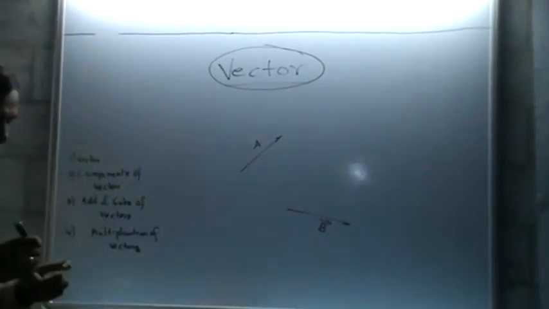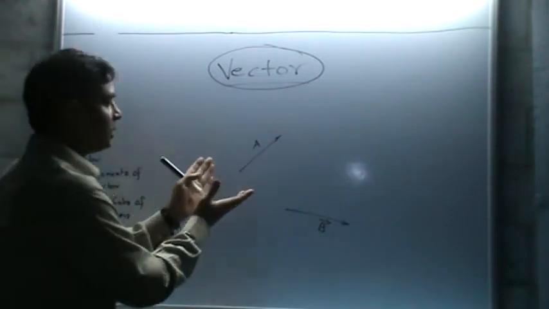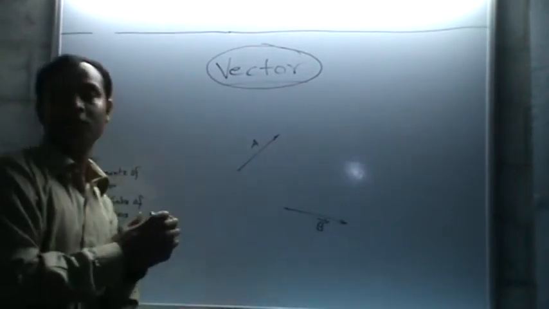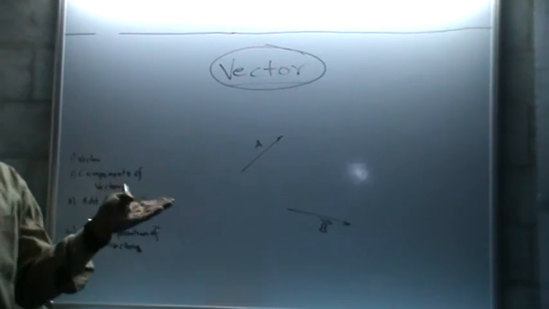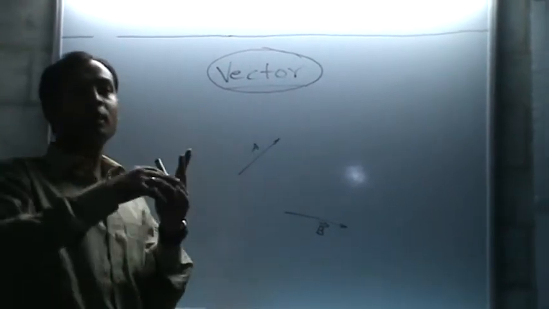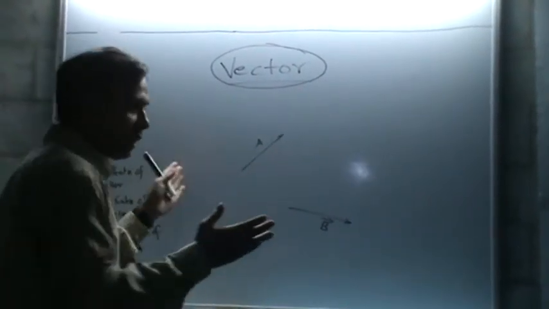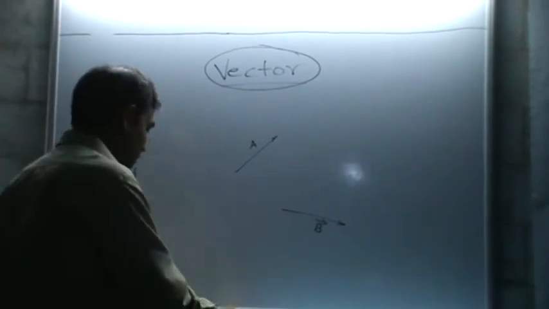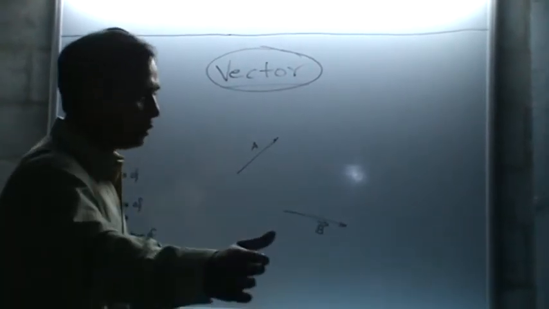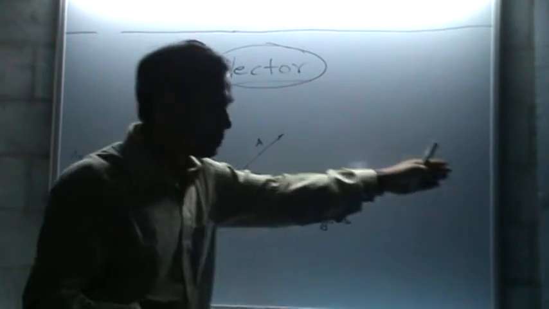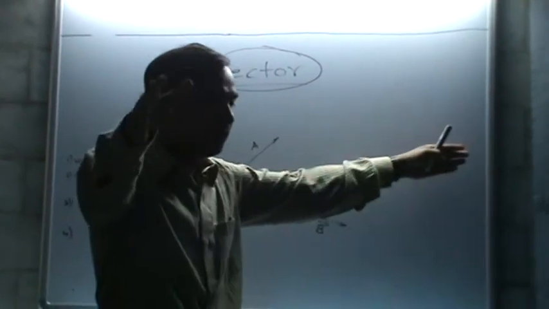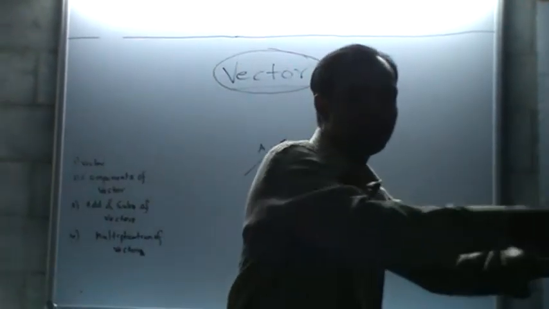Now, what will happen when we add two vectors? We call it the resultant vector. The sum of the two vectors will give a resultant vector. Just a simple example: one person is pulling you in this direction, another person is pulling you in this direction. What will happen? You will move in the resultant direction.